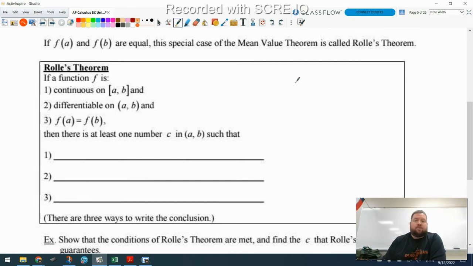Okay, so if I drew my picture over here, I could have like a and then b like this. All right, then my function could do something in between those like that. All right, but they're equal. And so when I do my average rate of change, my slope is 0 because it's a horizontal line. And then what that means is that somewhere on this interval in between a and b, there's a c value where the tangent line is also horizontal.